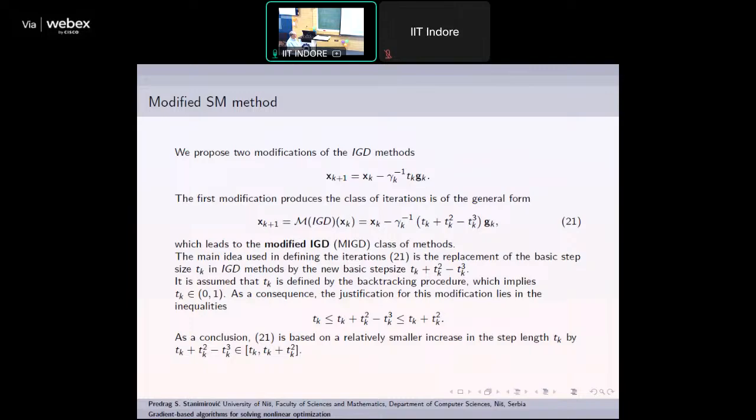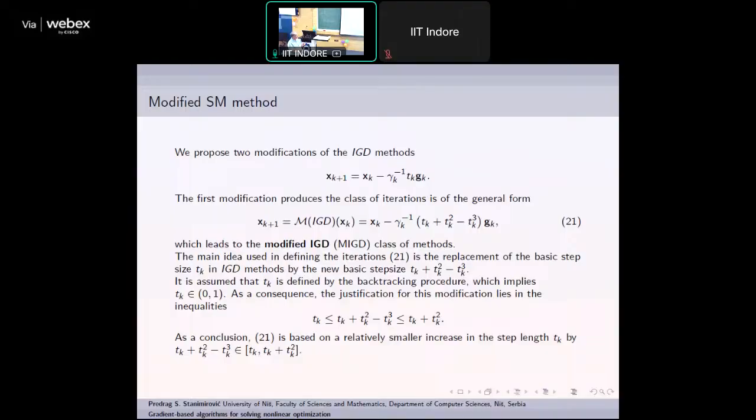If we use this expression, we will increase the step size, greater than or equal to with respect to TK.